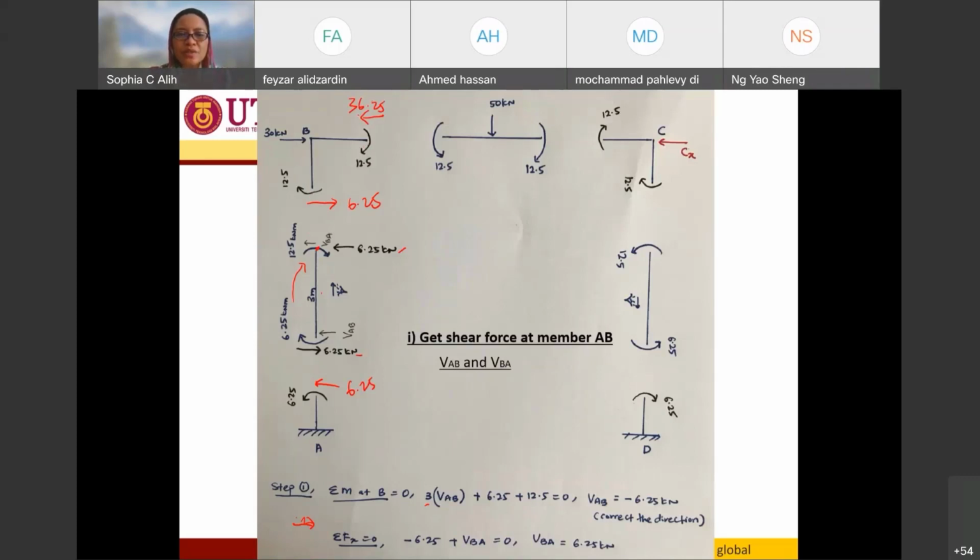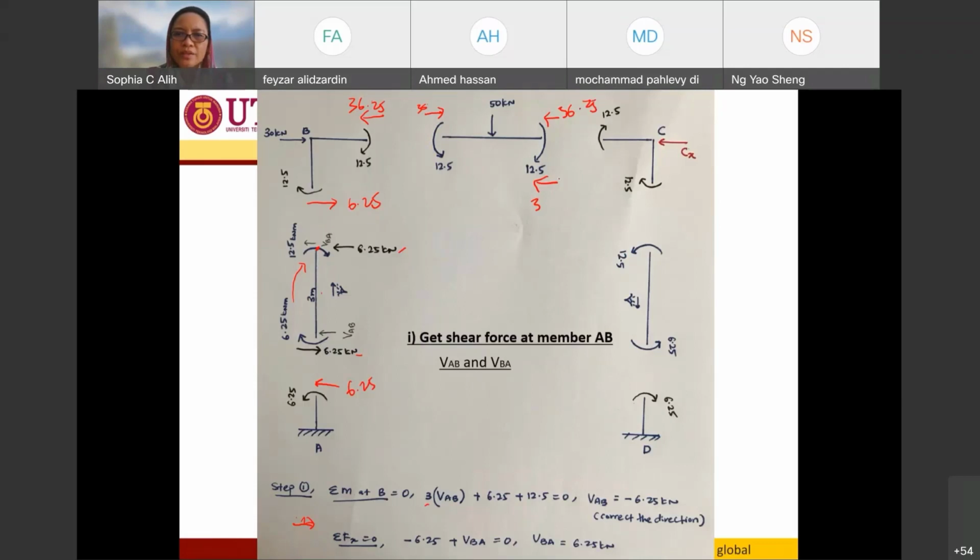And since I have 36.25 pointing this side, I have to balance it towards this one also 36.25, but in the different direction. Hold on a second. Since I have this direction from here to here 36.25, I need to balance it from this one to this one 36.25. Okay, now it's better.